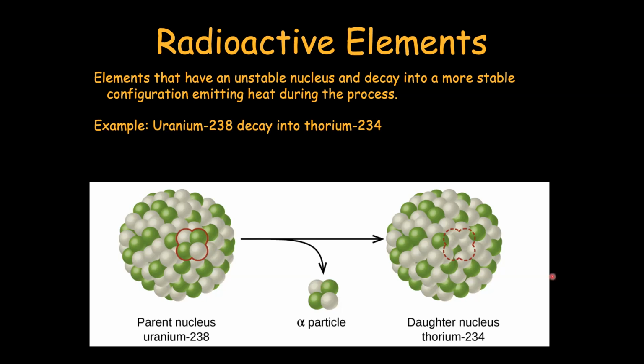Other examples are carbon-14, which can decay into carbon-13, or potassium-40 decays into argon-40, rubidium-84 decays into strontium-87, among others. Radioactive decay still emits about 50% of heat given by Earth.